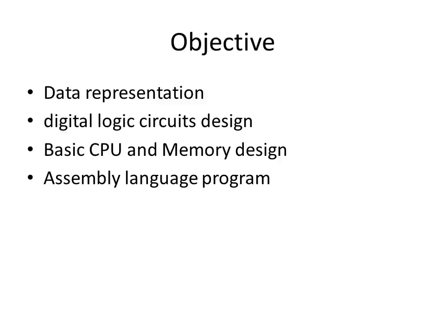Basic CPU and memory design is another objective, and the last objective is to understand the assembly language program. Assembly language is a programming language of the second generation, developed around the 1950s.